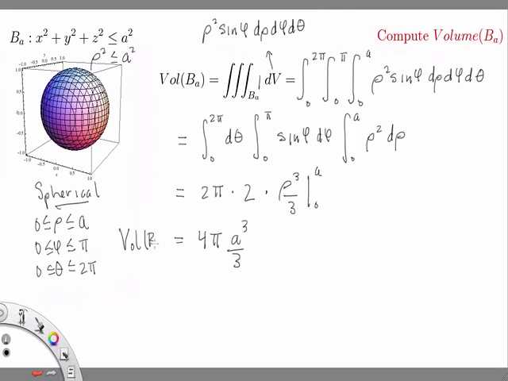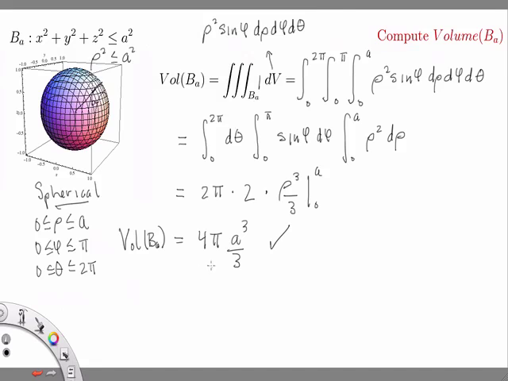So the volume of B_a is equal to 4 pi times the radius of the ball cubed over 3. And that checks out. That's exactly what we expected this formula to be, but now we've actually verified or derived this formula for ourselves.